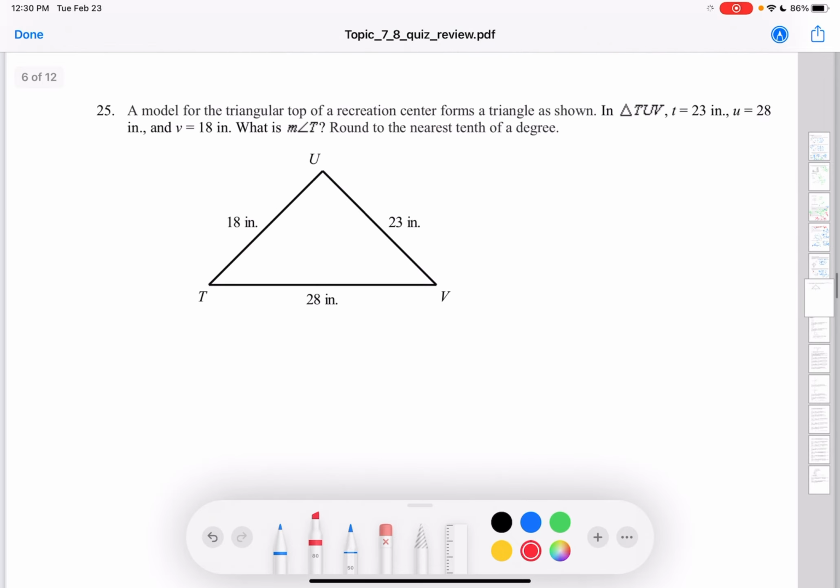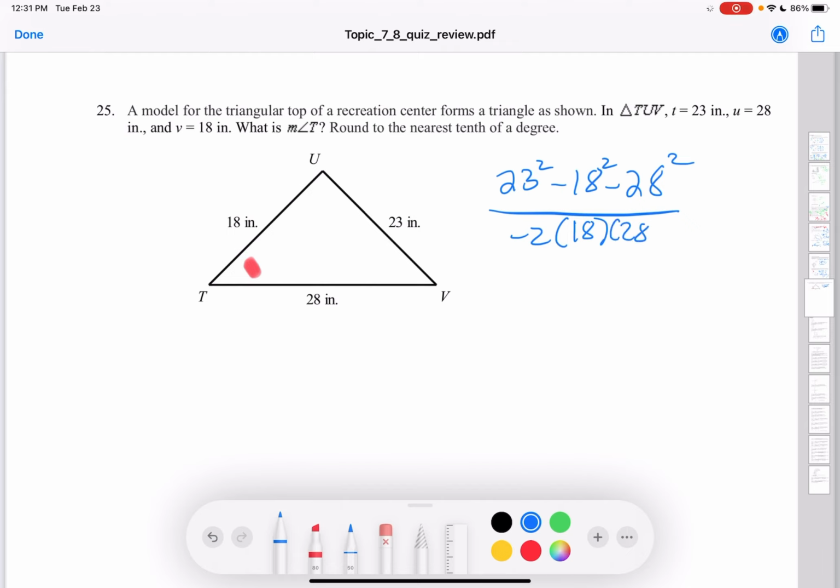And the last one, just kind of like this one. Find angle T to the nearest tenth of a degree. So we'll go 23 squared minus 18 squared minus 28 squared, all divided by negative 2 times 18 times 28.